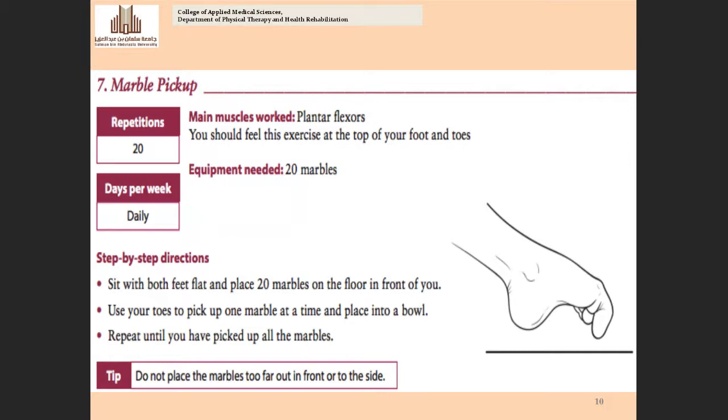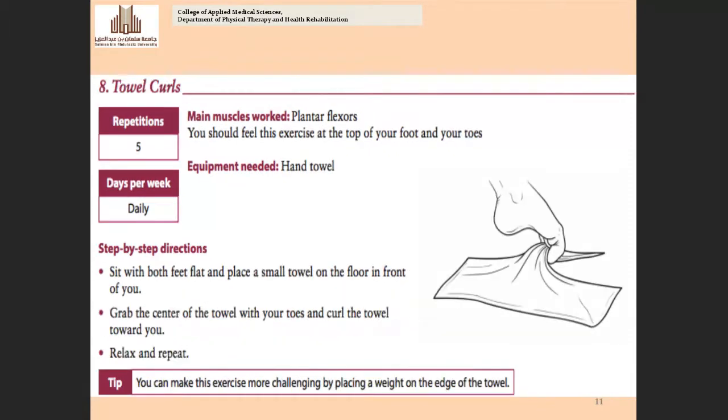I'll show you some other exercises. This is known as marble pickup, right? Ask the person to make a curve in the plantar region. During these exercises, the plantar flexors are getting activated, and you can keep a towel or cloth on the floor and ask him to pick that up.